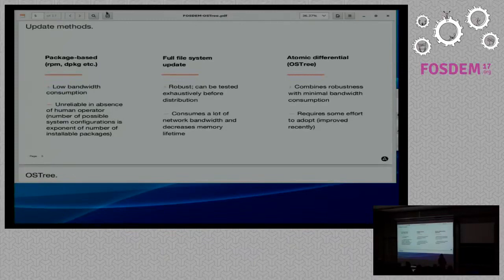So what Enrico was talking about is that for embedded systems, it is good to have a full file system update, where we just download the full file system, flash the backup partition, and we're done.